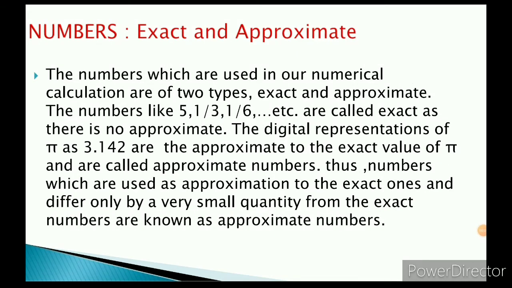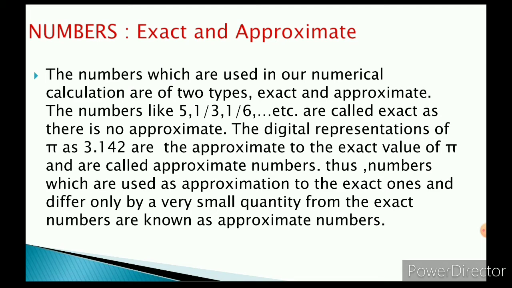The numbers which are used in our mathematical calculation are of two types, exact and approximate. The numbers like 5, 1 by 3, 7 by 8, 1 by 6, etc. are called exact, as there is no approximation or ambiguity lying with this. There are infinitely many numbers like root 2, root 3, pi, root 17, etc., which are exact but cannot be represented exactly by a finite number of digits.